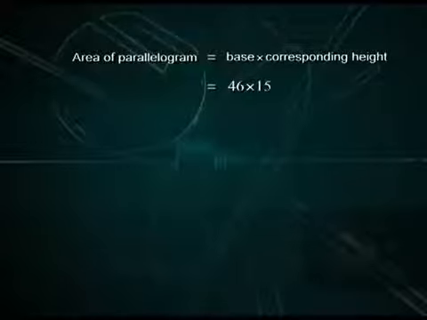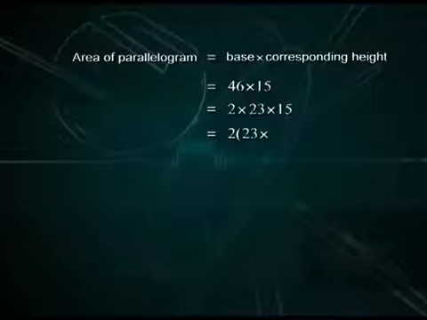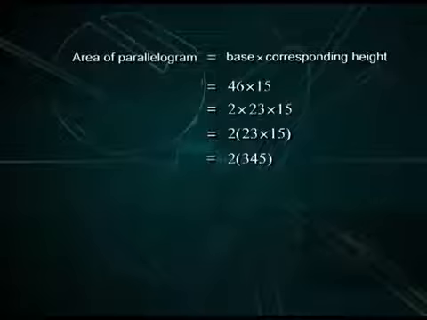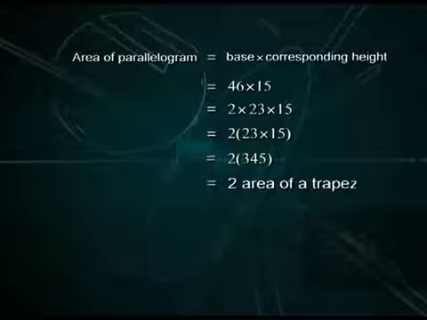And we can see that it comes out to be 2 into 23 into 15, which is twice of 345. And 345 is nothing but the area of a trapezium. So the area of the parallelogram is twice the area of the trapezium.